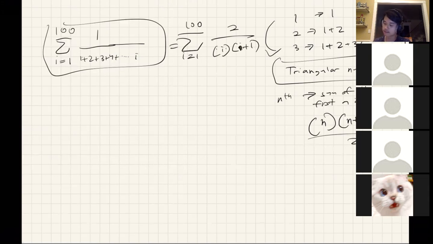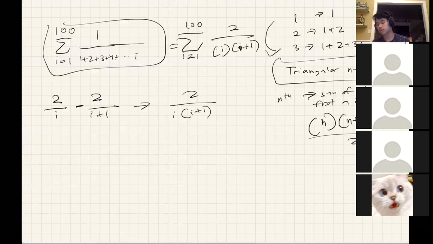From here, the key insight is that when you subtract 2 over i plus 1 from 2 over i, you get 2 over i times i plus 1.